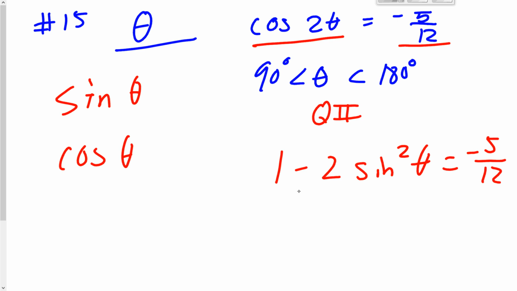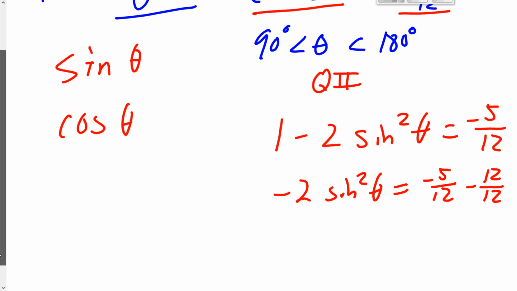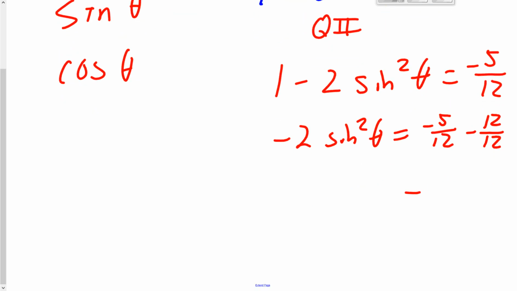And then we go ahead and we can subtract 1 on both sides. And subtracting 1 is just like subtracting 12/12. So -5 minus 12 is a -17/12. And then instead of timesing by 2, we're going to divide by 2, right?